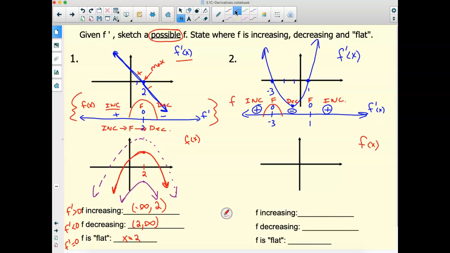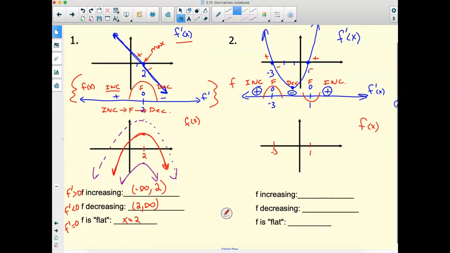Oh, looks like that one's going to be a maximum. I had a change from positive to negative. Well, what happens when I have a change from negative to positive? Well, I decrease to flat, and then I increase. Okay, so if I had to graph this, I do know somewhere here at -3, I'm going to have a flat. Somewhere here at 1, I'm going to have a flat.